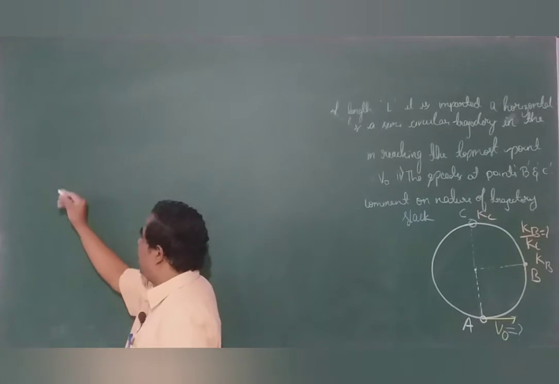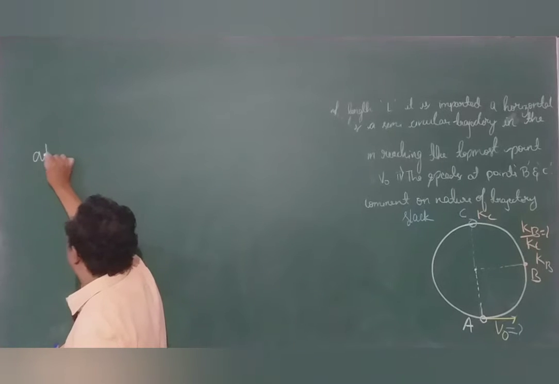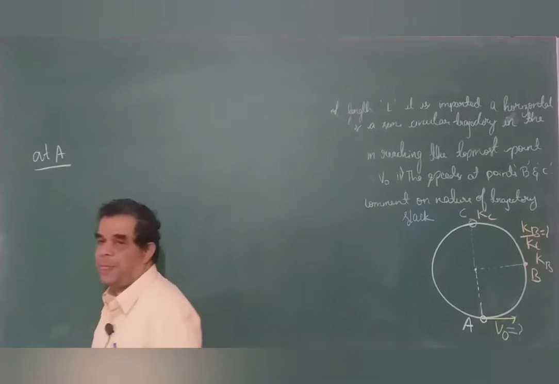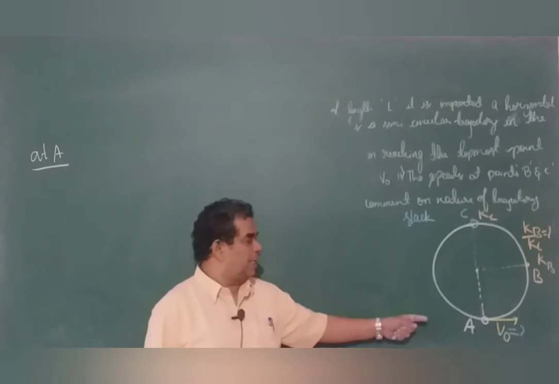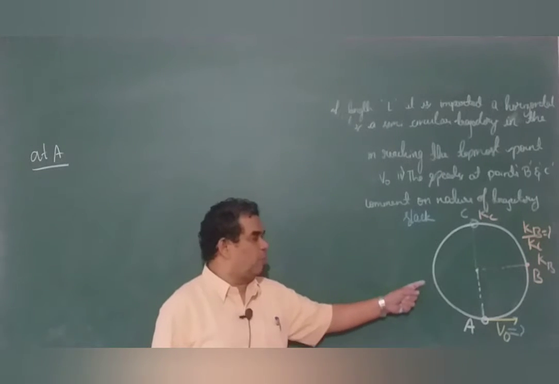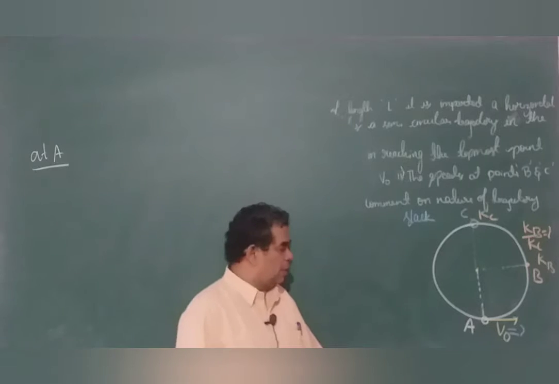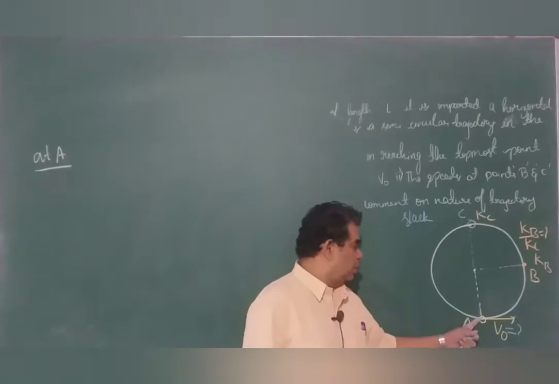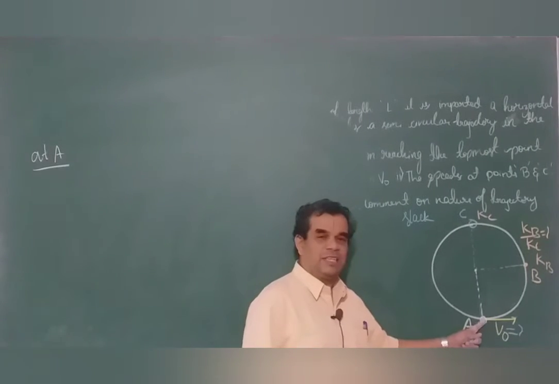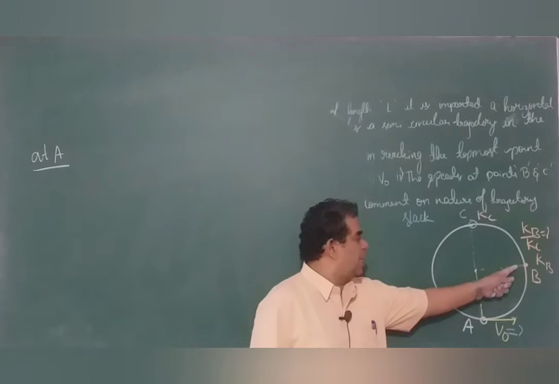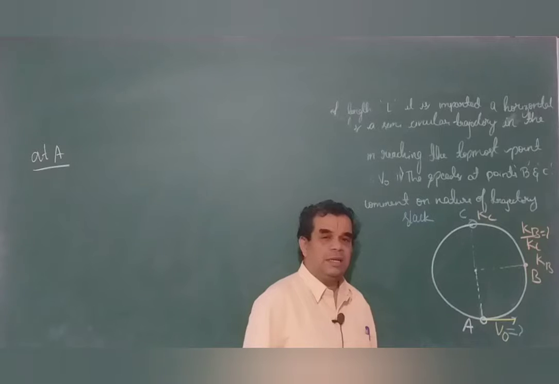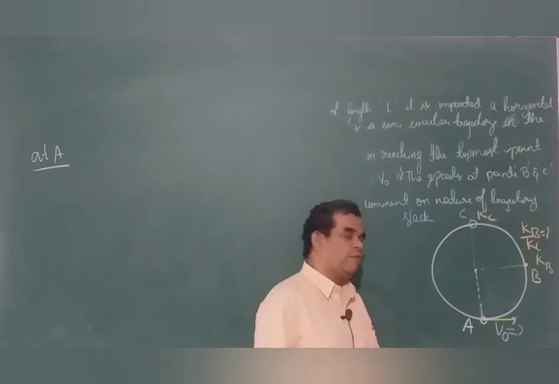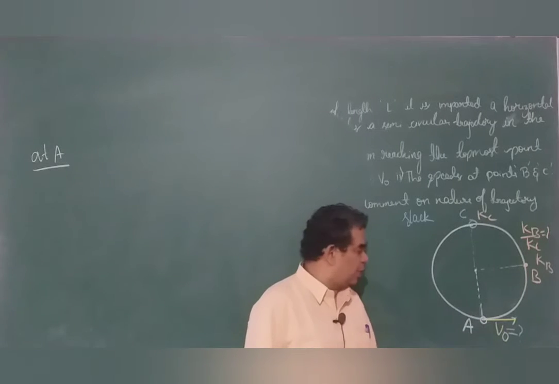First of all, at A I write. At A, the lowest point. Say the whole thing is in the vertical plane. We imagine ground as the reference. So at the lowest point, A has the lowest potential energy, B is slightly higher, C is higher than A and B. And also we can take A itself as the reference for the potential energy.